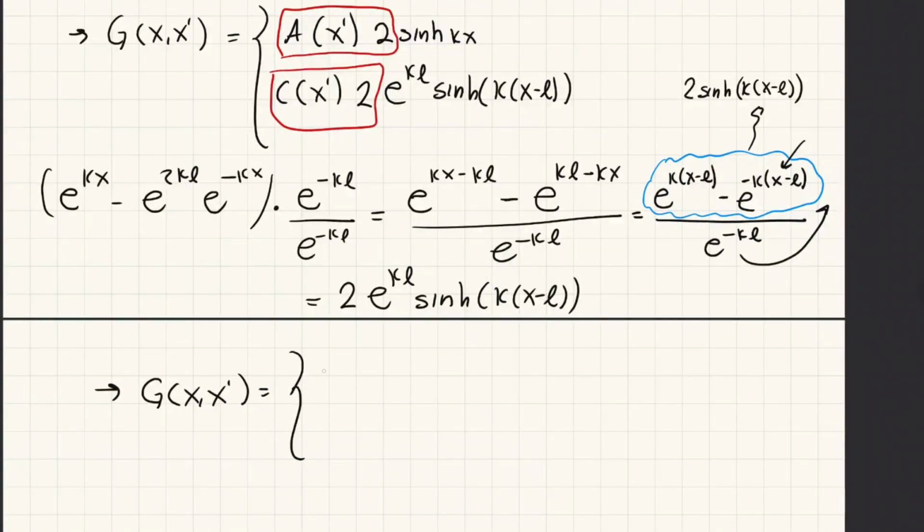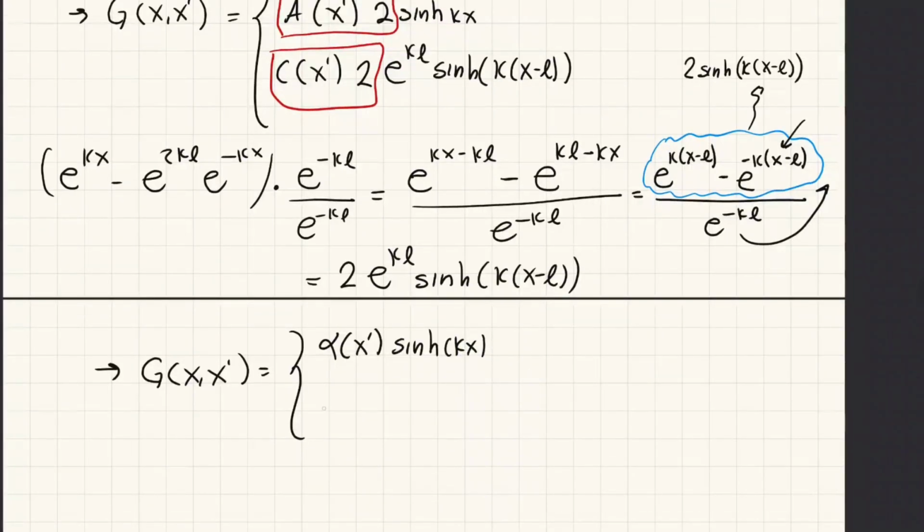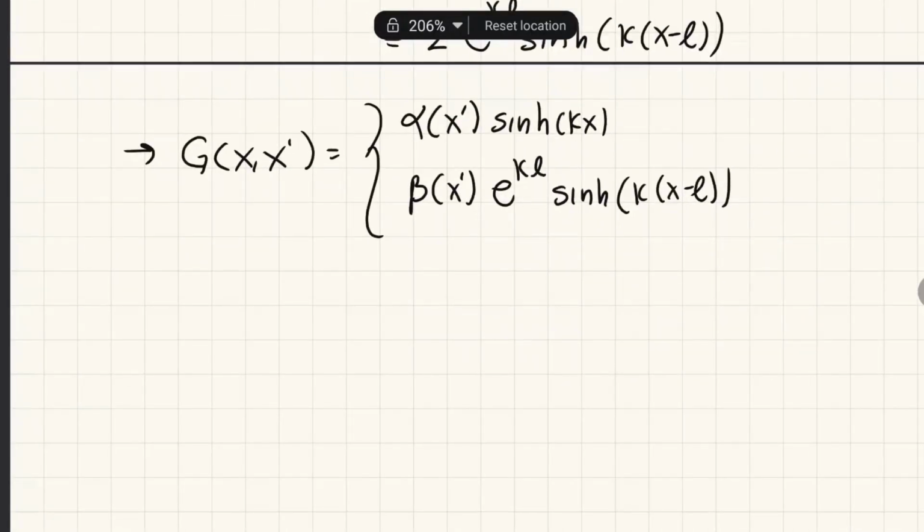Here we will get alpha of x prime, the hyperbolic sine of kx, and then beta of x prime e to the kL, the hyperbolic sine of k times x minus L. This is just another way to reduce the definition of the Green function, but we still need to find the shape of alpha and beta.